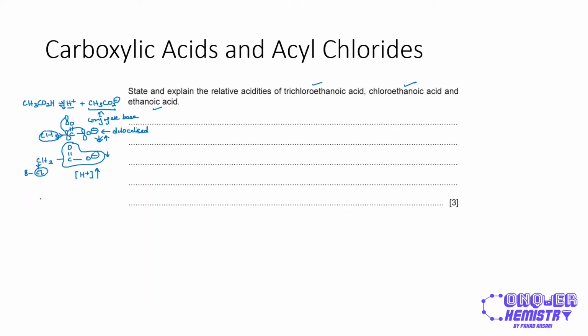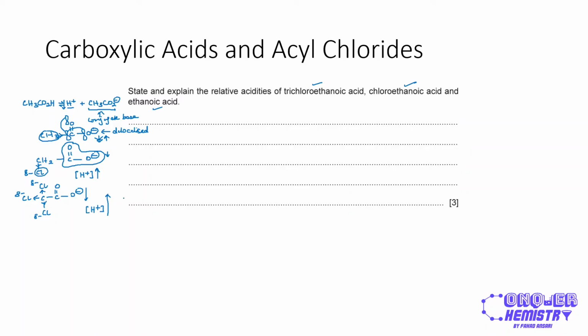And if we then replace all the hydrogens with these electronegative chlorine atoms in trichloroethanoic acid, then we will have thrice the electron withdrawing effect in this alkyl group, and so the CO2 negative, its negative charge will be even more distributed, and its density will go even further down, and so the concentration of H+ that remains in solution will be even higher.